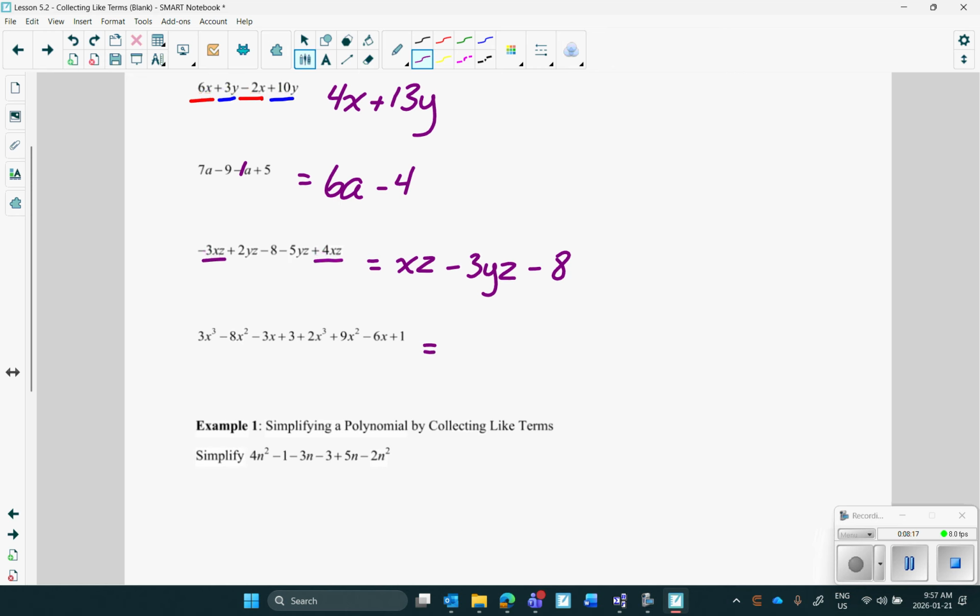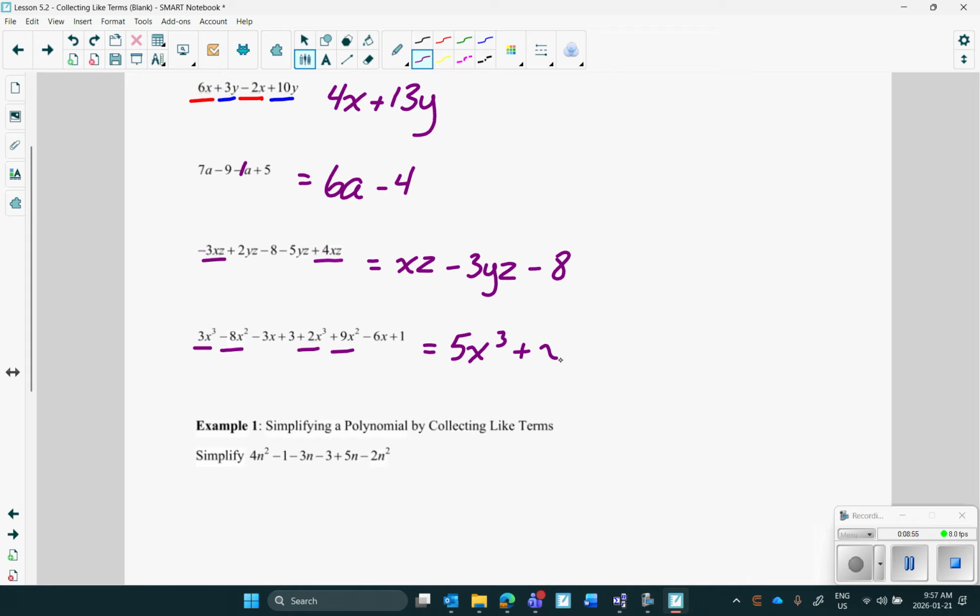And finally, so again, you may just want to underline them or put them in boxes. So I'm just going to remind myself those two are like, which make 3x to the third plus 2x to the third, 5x to the third. Then I've got a negative x squared and a positive 9 squared plus, what was it?